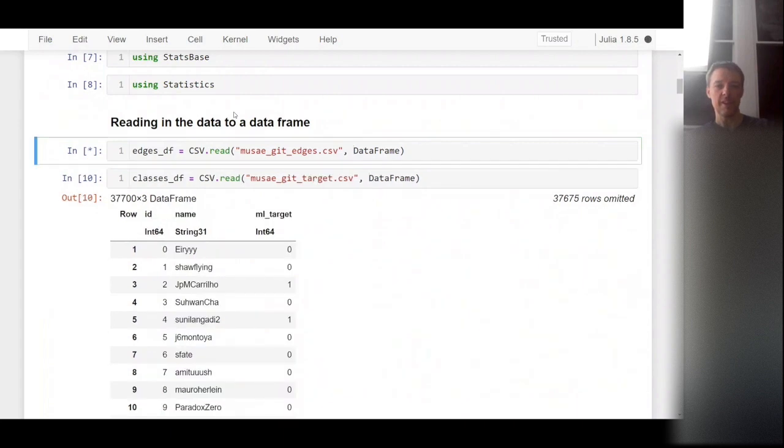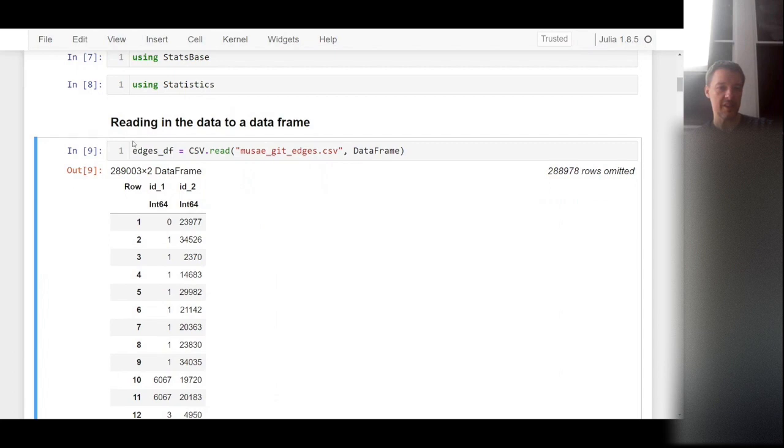And if I run this command, we will see that we have the edge information nicely read into a data frame. We can see that we have almost 300,000 edges in this data set, and each row is information about one edge.